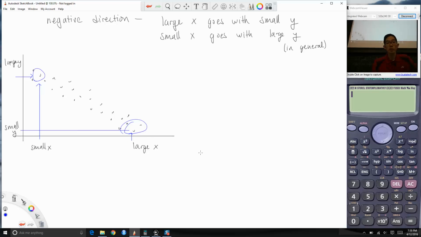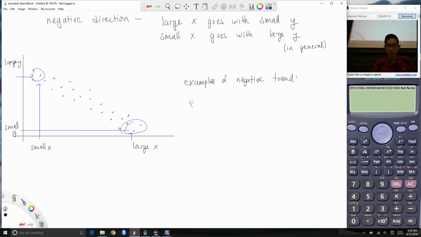So we can see that. Okay, so examples of negative direction or negative trend.